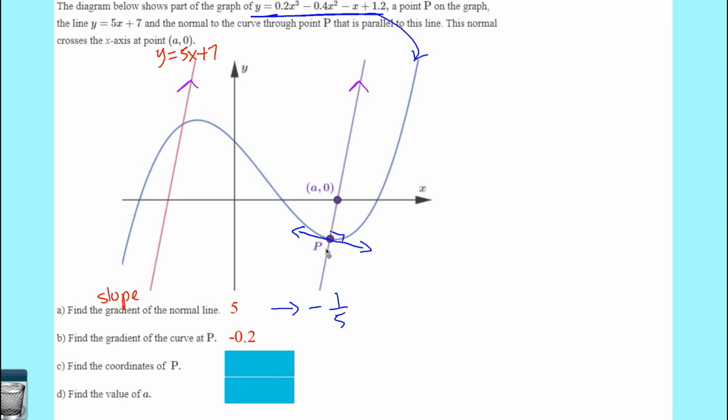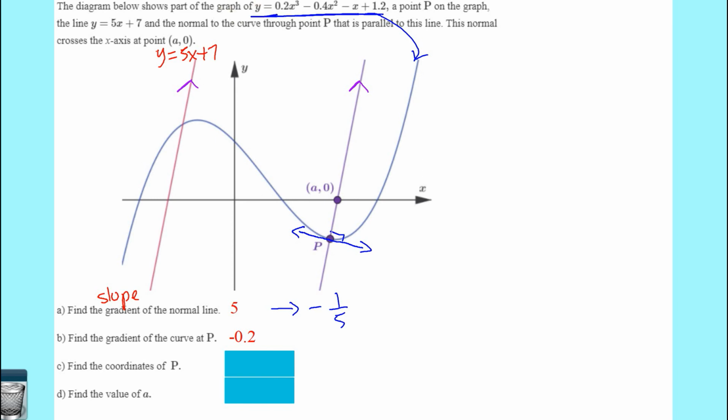So let's find the coordinates of P. P has to go through that point, through the original graph and through your tangent. Since we know our slope at that tangent line, I would just take the derivative of our original function.